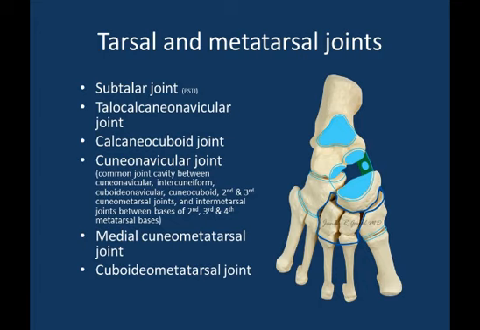Not counting metatarsophalangeal and interphalangeal joints, there are 6 separate joint cavities in the foot between the tarsal and metatarsal bones, which include the subtalar joint, talocalcaneo-navicular joint, calcaneo-cuboid joint, cuneo-navicular joint, medial cuneo-metatarsal joint, and cuboideo-metatarsal joint.